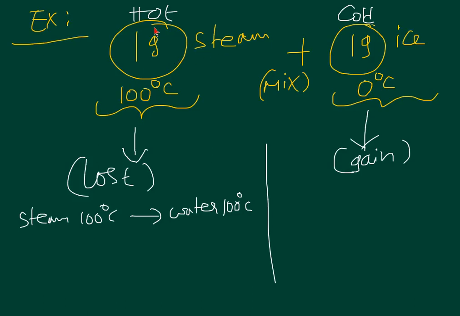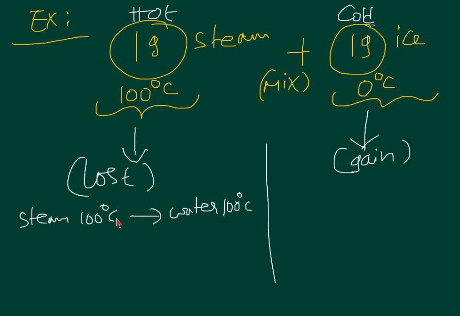Here you observe, steam is the hot body and it loses heat energy. It is already at 100 degrees centigrade, the minimum temperature of steam. Below 100 steam will convert to water. Steam directly can't convert to 90 degrees water or 80 degrees water. It must convert to 100 degrees centigrade water only.